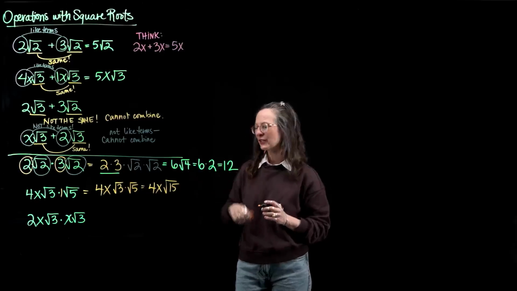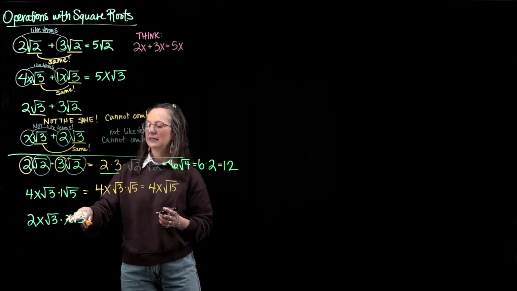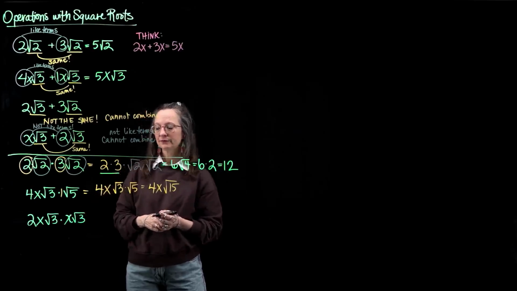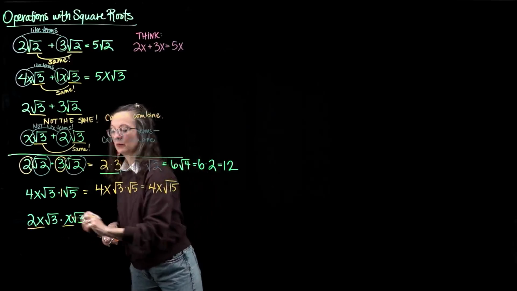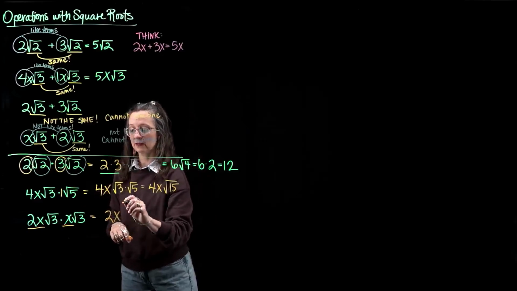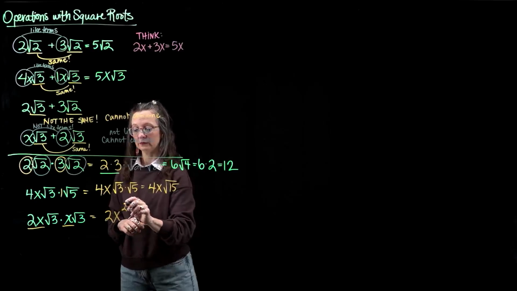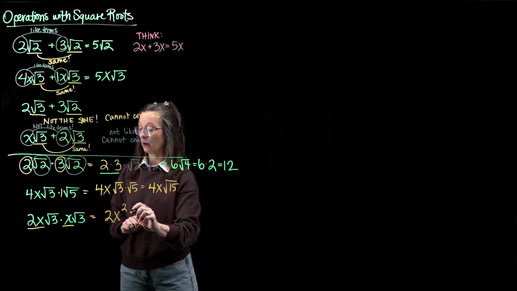All right, let's look at another one. I have 2x square root of 3 times x square root of 3. So I'm going to combine the numbers on the outside. 2x times x gives me 2x squared. And then I'm going to combine the square roots.